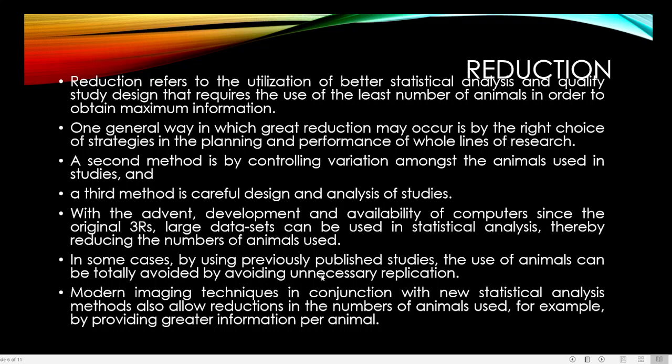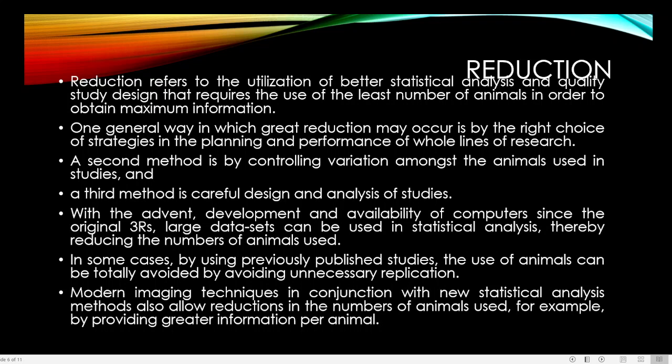In some cases, using previously published studies, the use of animals can be totally avoided by avoiding unnecessary repetition. For example, sometimes in one part of the world, for example in Europe or America or Japan or China, the type of research that we are going to do has already been conducted.